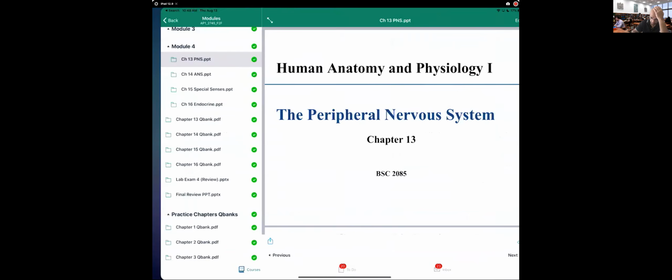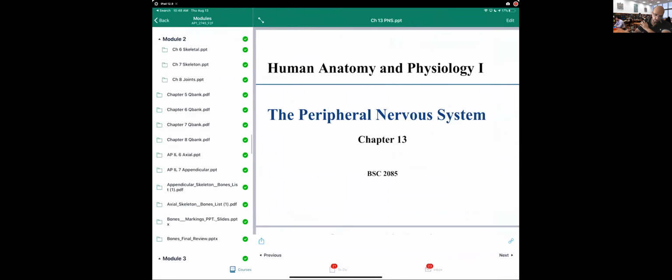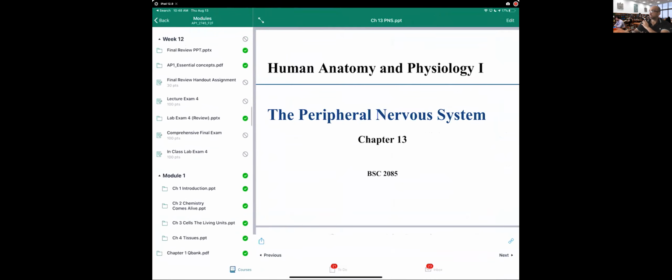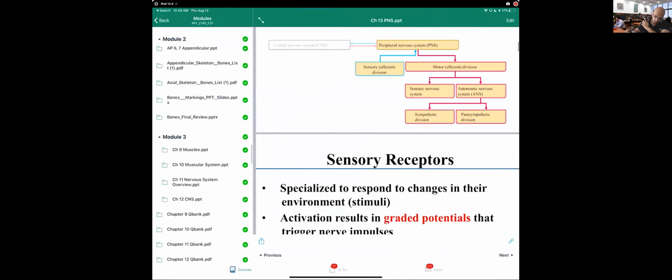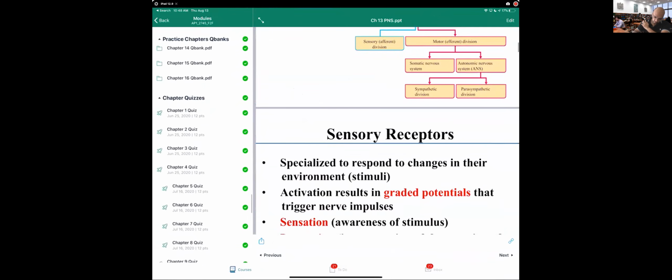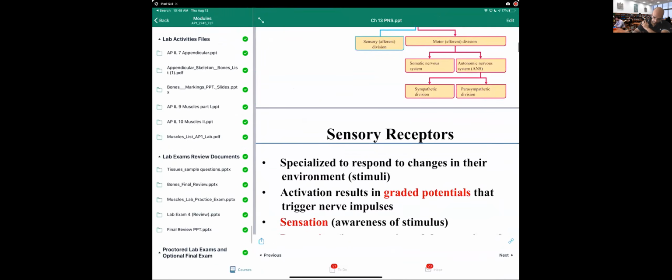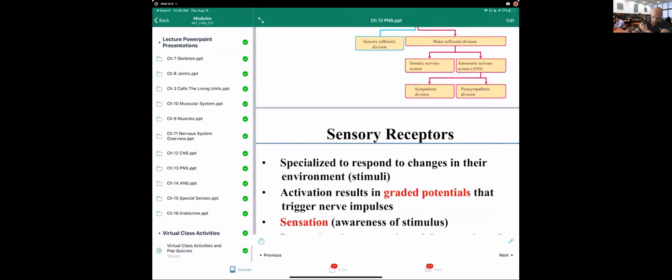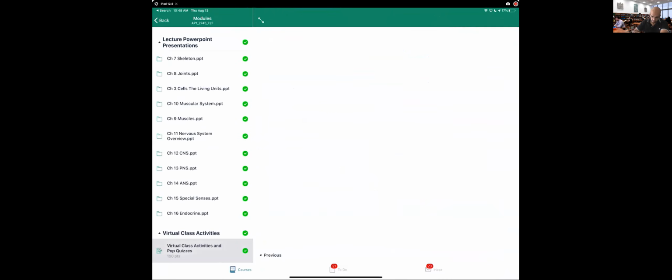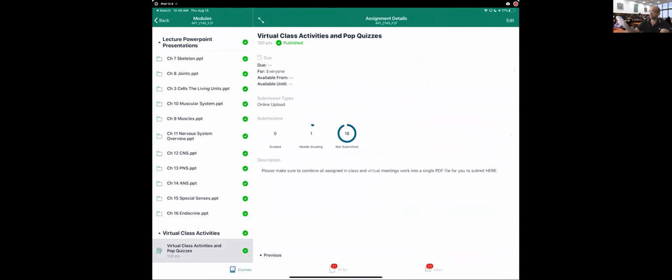Let me check here. So you see, this is your Canvas, and this is the modules. You have a separate module that states in-class activity, virtual class activities and pub quizzes.